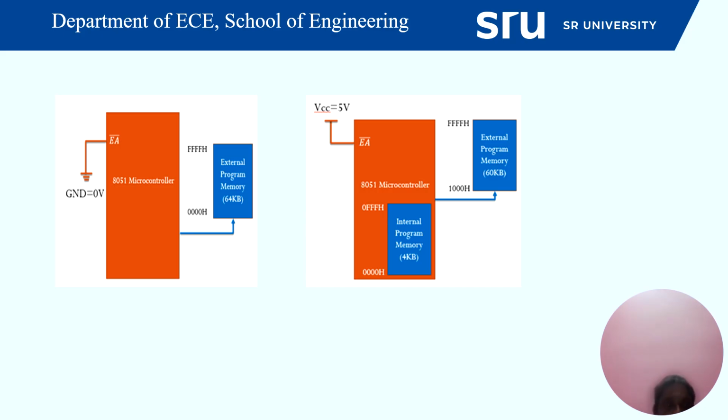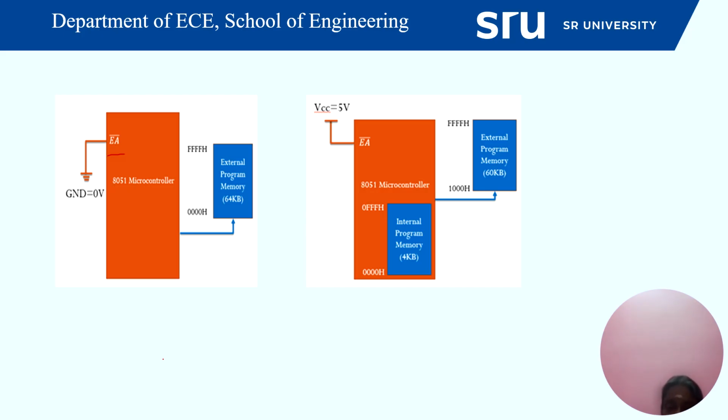For that, the EA bar pin is available, external access enable. By the name itself we can understand the meaning: enabling the usage of external read-only memory, that is EA bar.